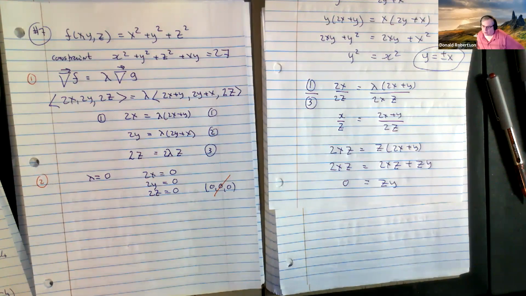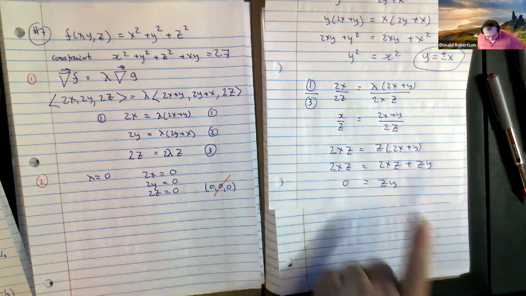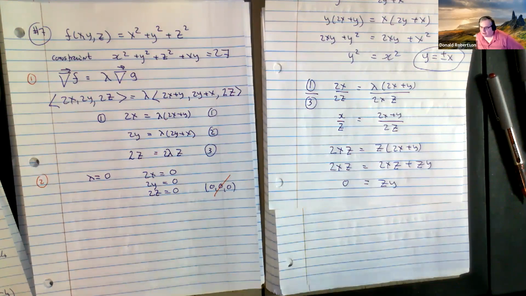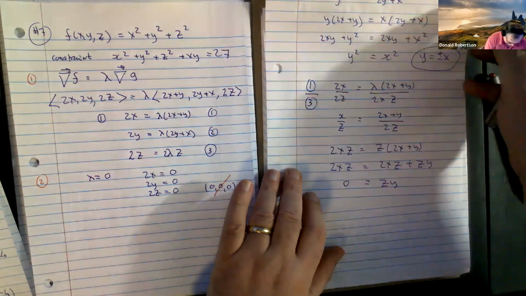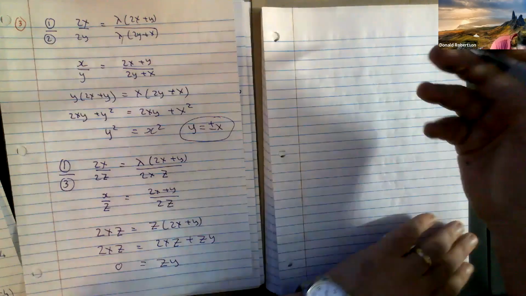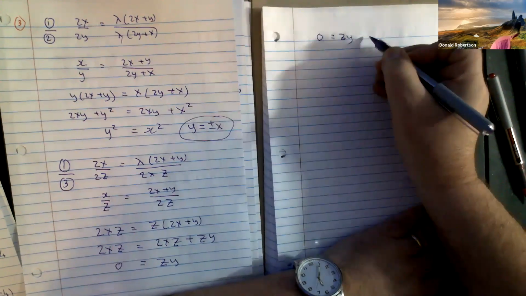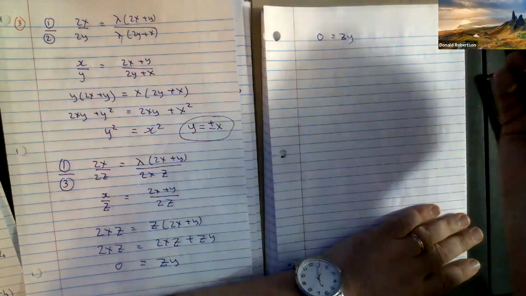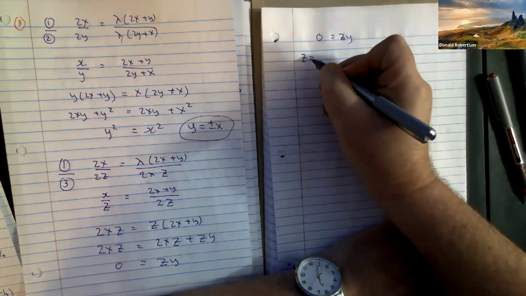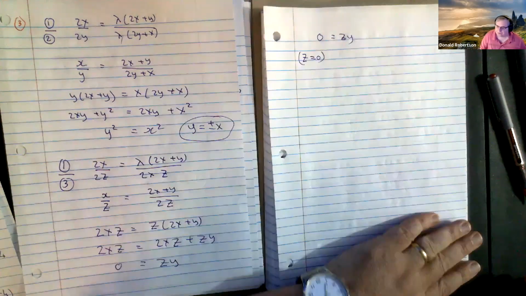It would be nice if z was equal to x, or z was 2x. That would be great, right? But I don't get what I get, so I'm going to have to deal with that. The only way that could be true, or one of the only ways it could be true, is z could equal 0. Great.